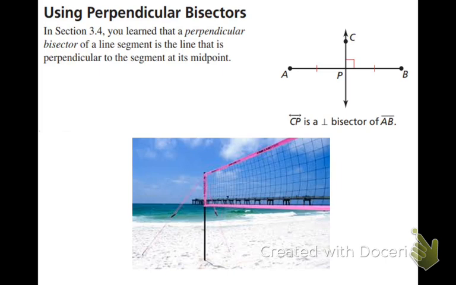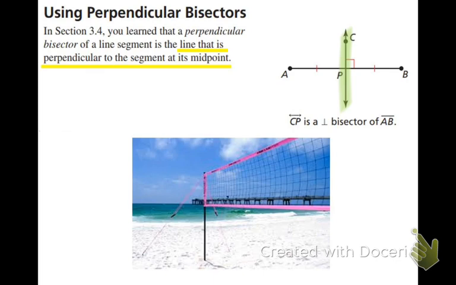In 3.4, you learned that a perpendicular bisector of a line segment is the line that is perpendicular to a segment at its midpoint. So you're going to take your highlighter and highlight this line.